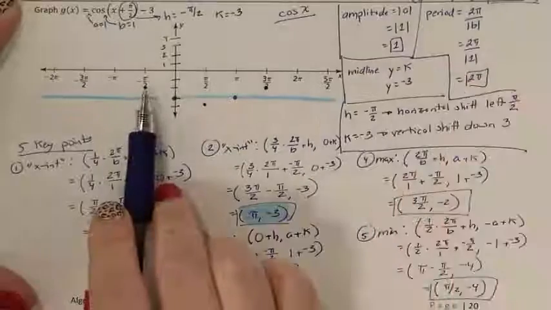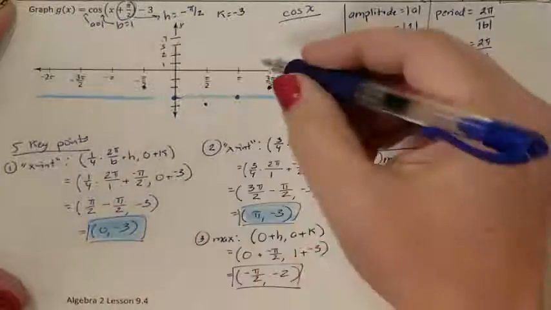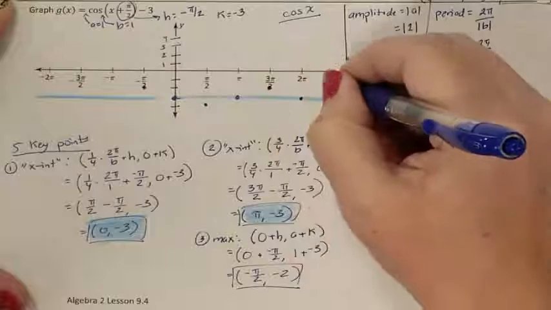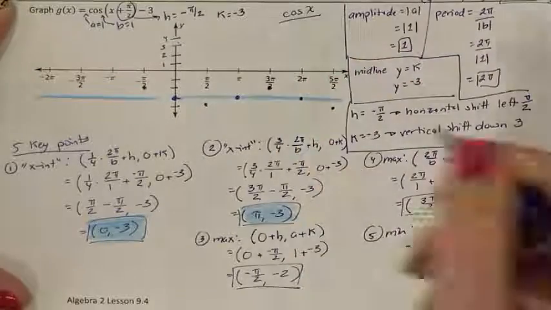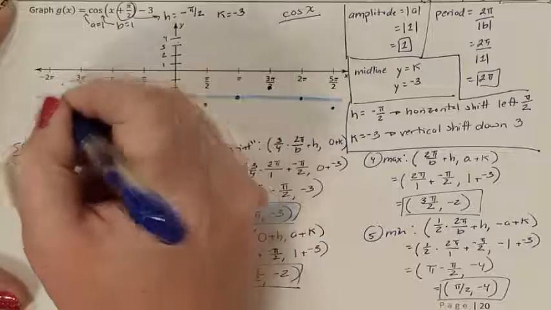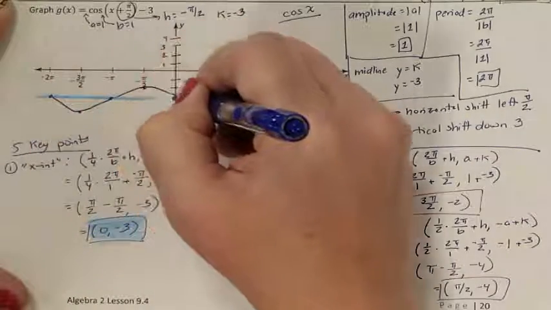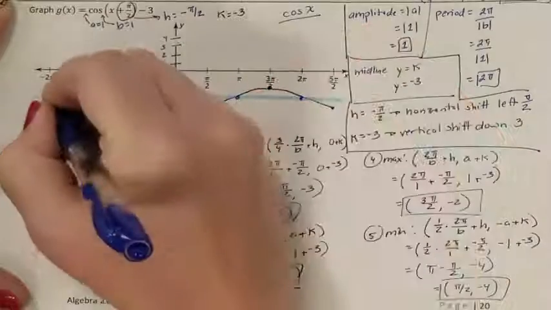So I see I have negative pi halves min, max, we need to have our next intercept and then our next min, and we're going to continue through. So intercept, min, intercept. So here is my repeated cosine function.